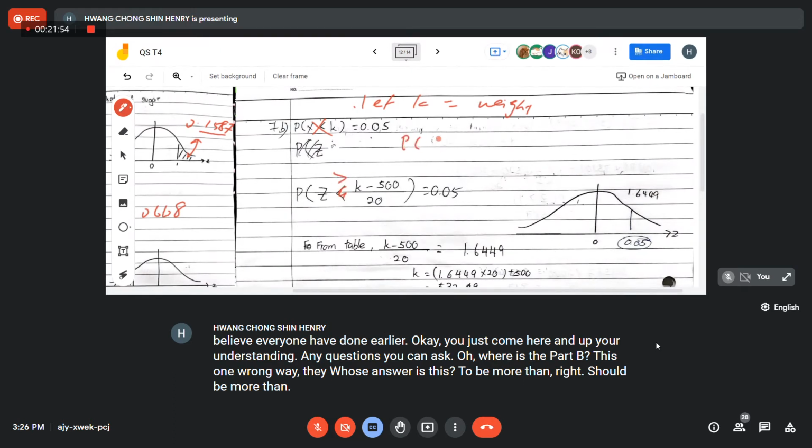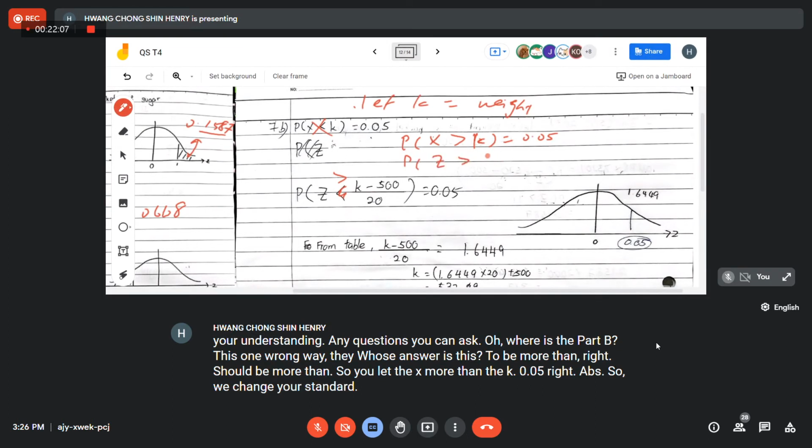So you let the x more than the k, and here 0.05, right? Heaviest. So we change to standard. This one, so this one is more than heaviest.